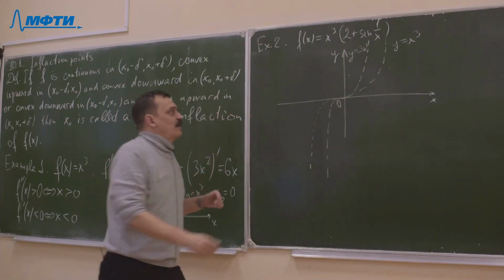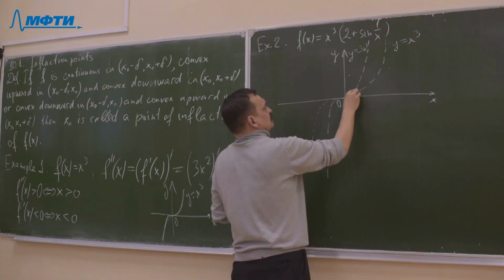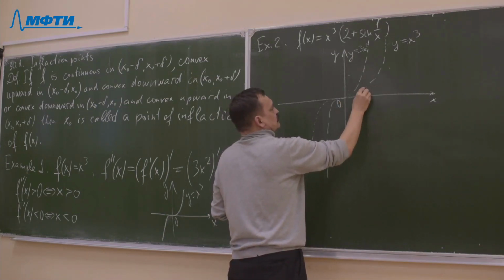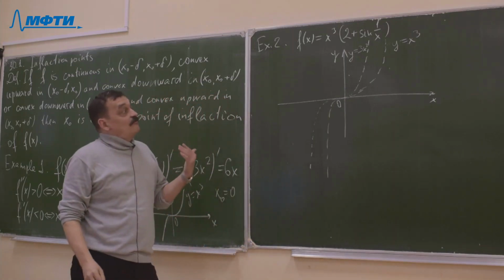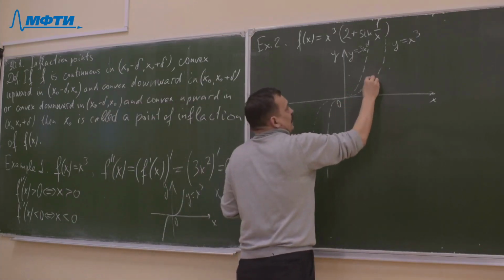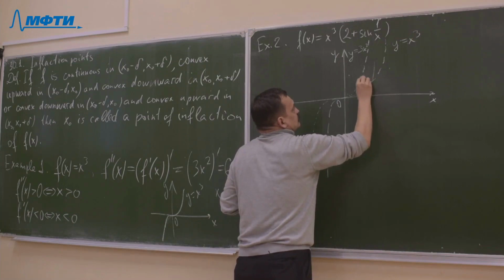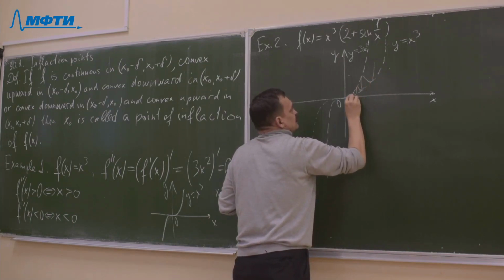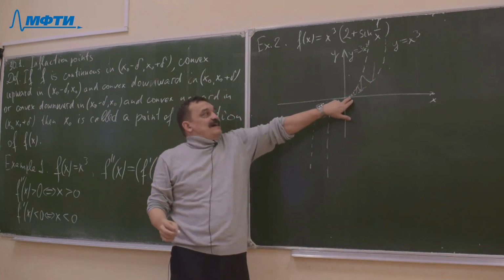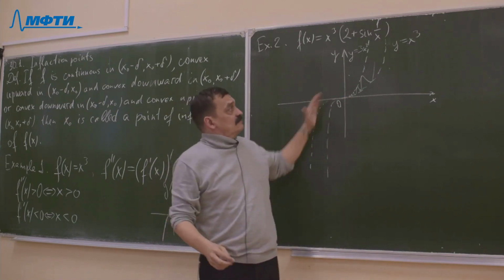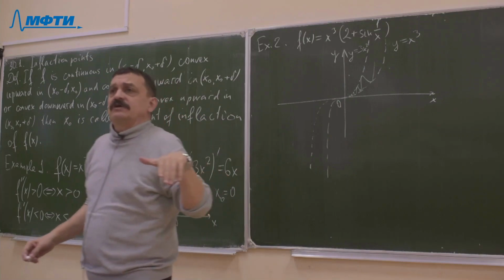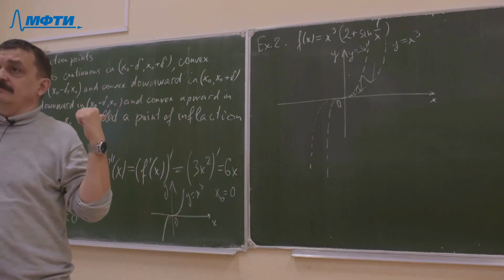And our function oscillates between them somehow, right? It oscillates, and oscillations are denser when we approach 0. And a symmetric picture we can find on the left-hand side.